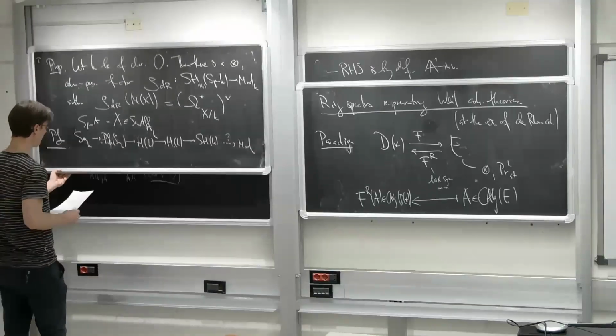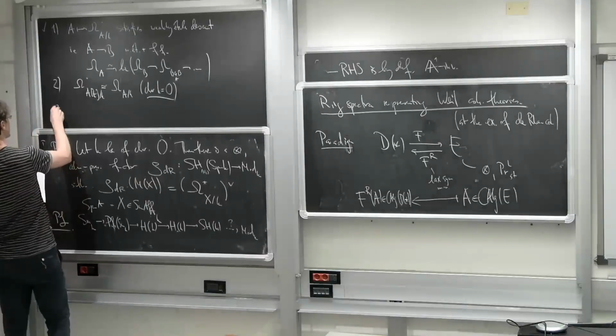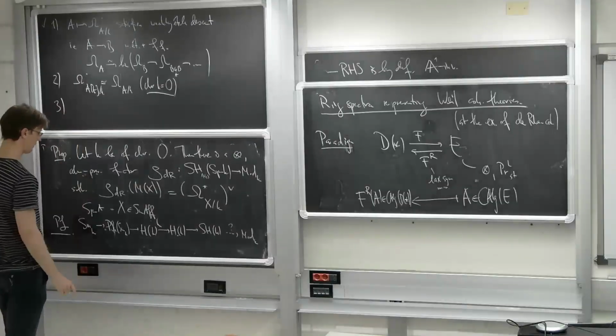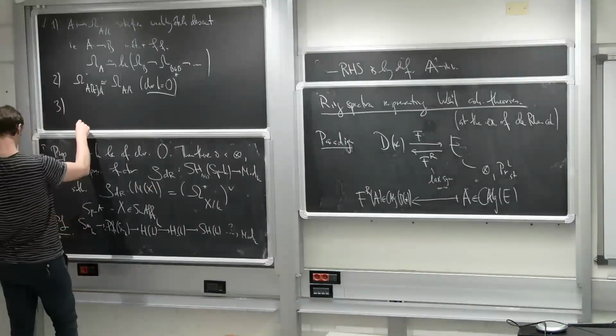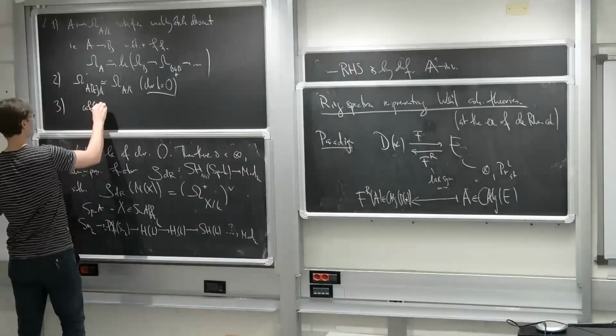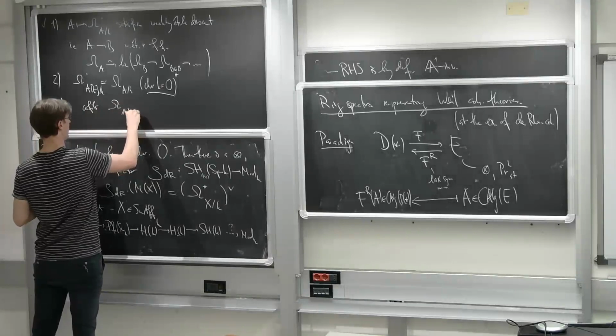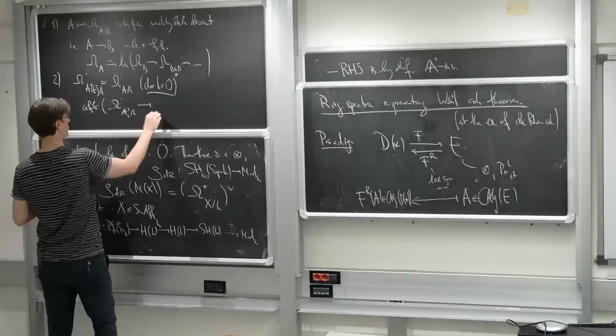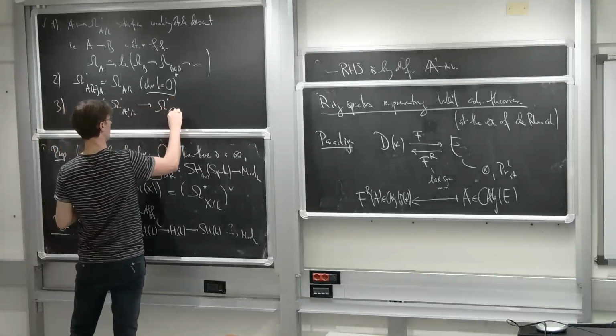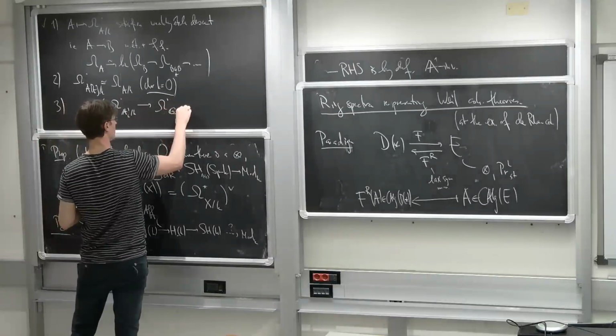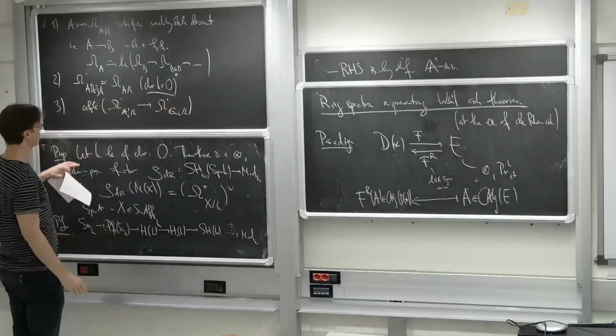And then, finally, the following thing is true. The cofiber of Omega of A^1_K over K to Omega of G_m,K over K. So let's parse what that is.